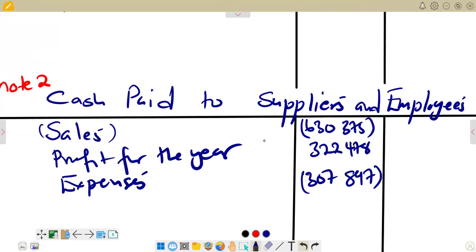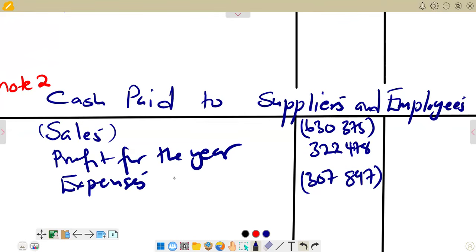Discount allowed and loss on disposal, we show as positives. Loss on disposal, we show it as a positive, but profit on disposal, we show it as a negative because it's an income. So basically, our expenses we show as positives, and our income we show as negatives. So this is what we have.